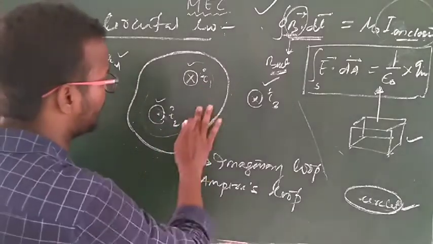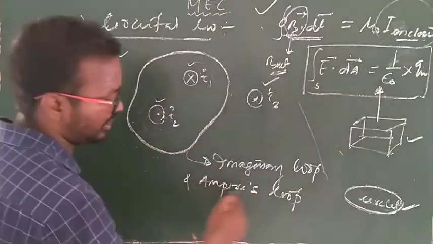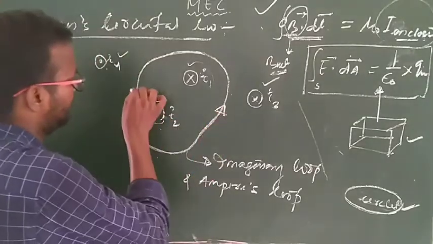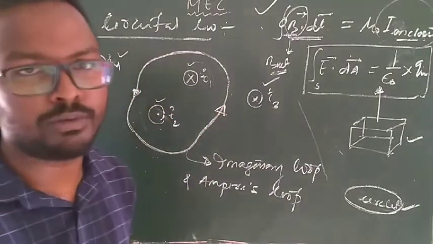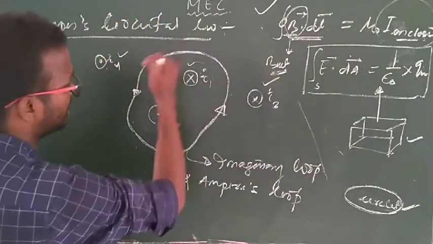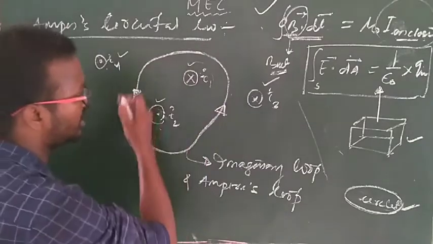Clear? Suppose we imagine that this is a loop, and this loop is known as the Gaussian loop. Because the Gaussian loop is an imaginary loop, we can imagine its direction. This is the direction of the Gaussian loop.